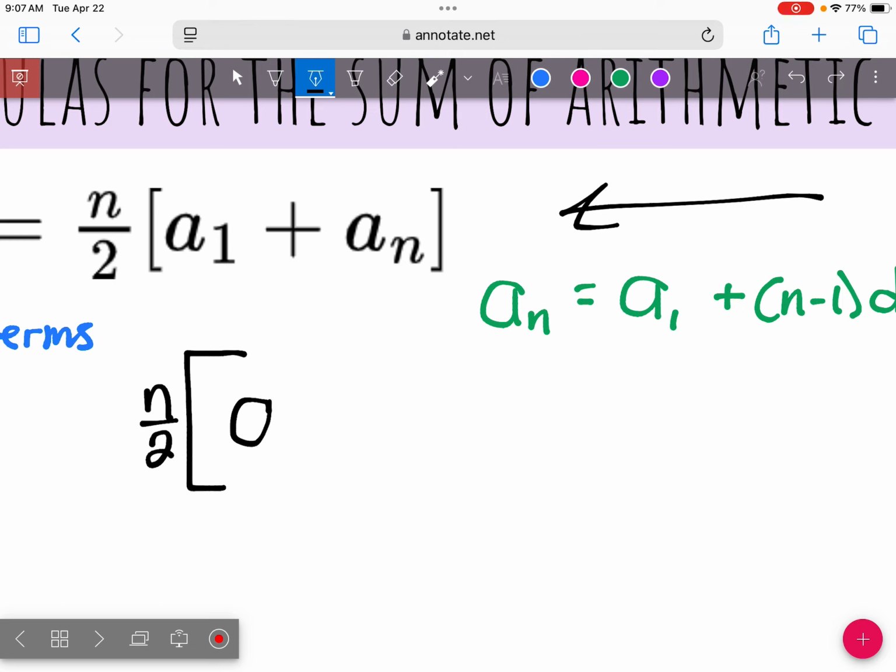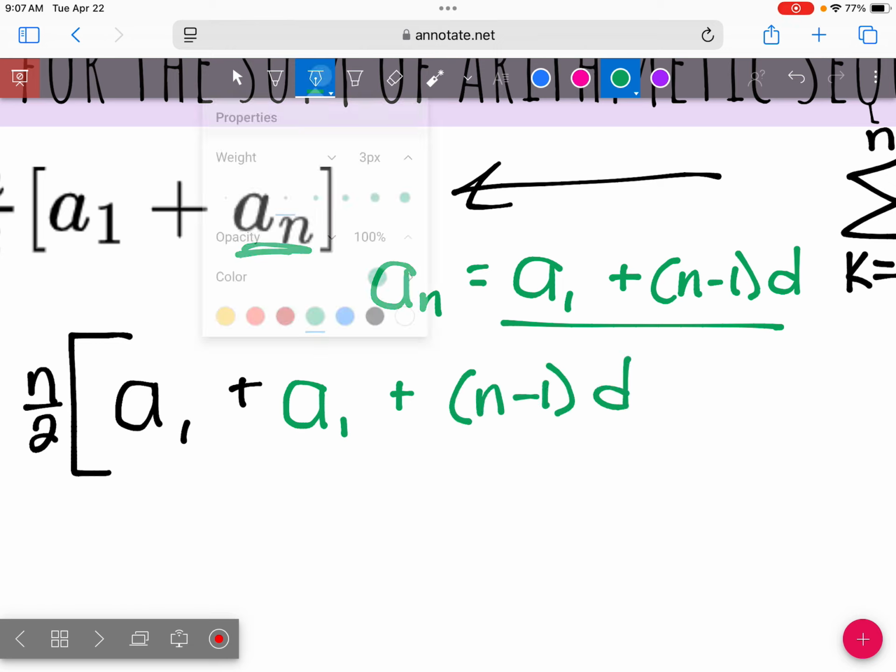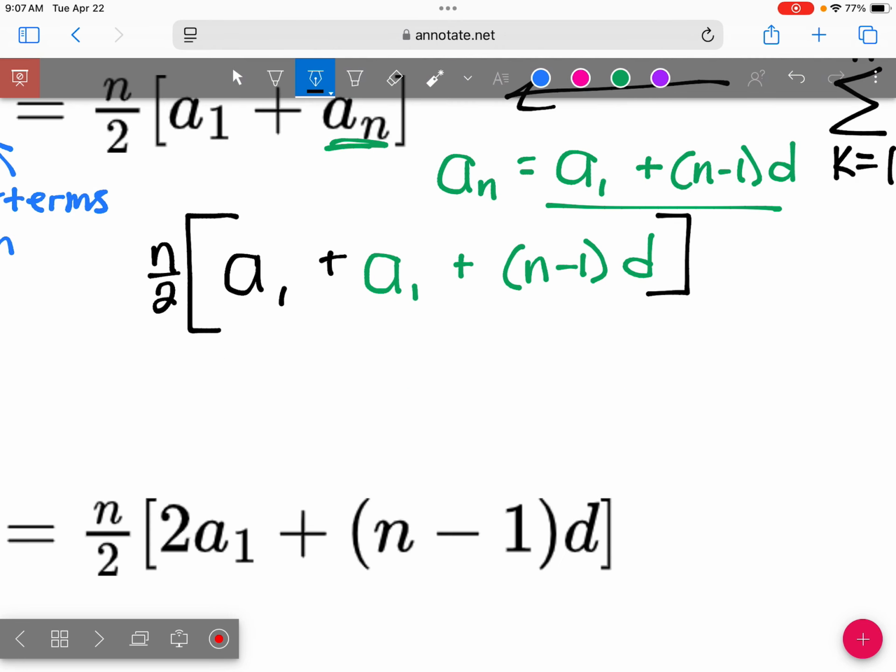So if I do my a sub 1 plus, and then substitute this in for the a sub n right here, we have a sub 1 plus a sub 1 plus n minus 1 times the common difference. I have a sub 1 plus a sub 1, that gives me 2 a sub 1s, plus n minus 1 times d.